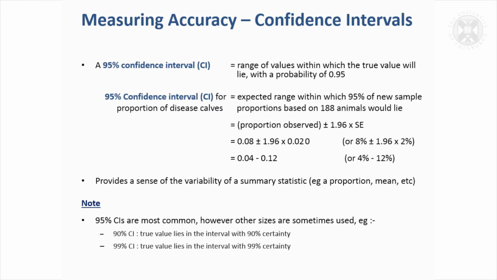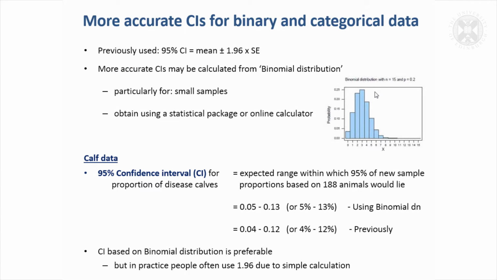Another thing to note is that the formulae we've used, this formulae for the 95% confidence interval for the proportion, assumes the distribution is symmetrical. But proportions are generally not completely symmetrical unless you've got a very large sample size. So for example, this is a sample size of 15. That's not completely symmetrical. It's not bad, but it's not symmetrical. And so if you want to get a more accurate confidence interval, you can use something called the binomial distribution, and it takes into account the skewness of the distribution.